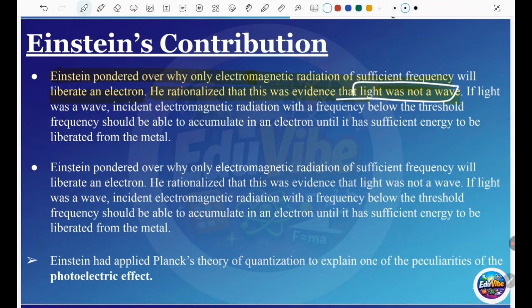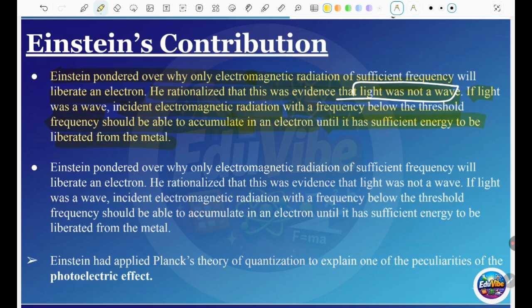This is like a first argument, you can say, a prediction of Einstein, that light does not behave like a wave. If light was a wave, incident electromagnetic radiation with a frequency below the threshold frequency should still be able to accumulate in an electron until it has sufficient energy to be liberated from the metal.